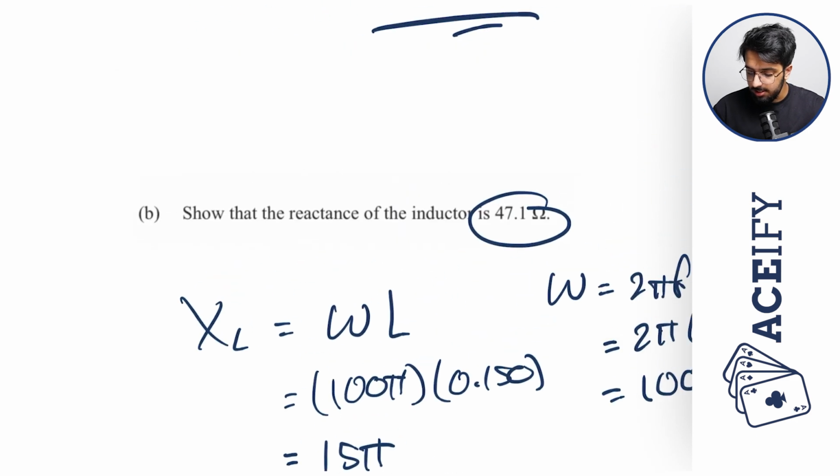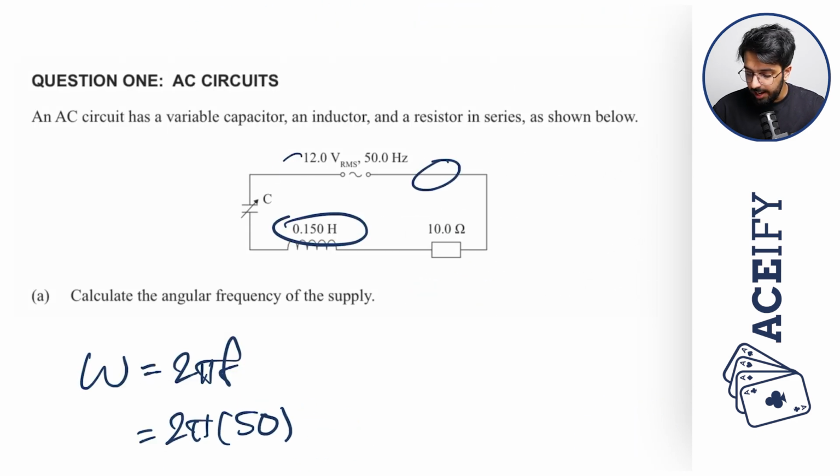Now, because this is a series circuit, the current measured at any point in the circuit is going to be the same. Now remember, even though the current is the same at all points, the current is still fluctuating. It's just that if we measure the current at a specific time, the current is going to be the same at all points in the circuit, okay?